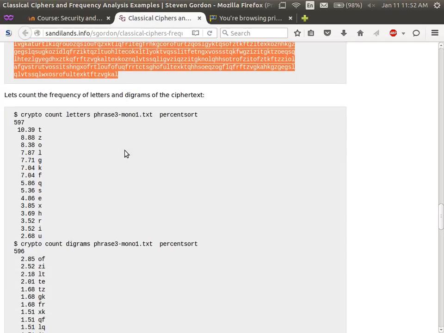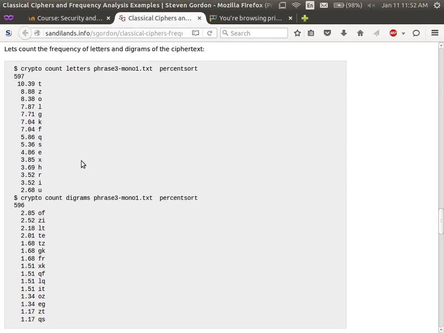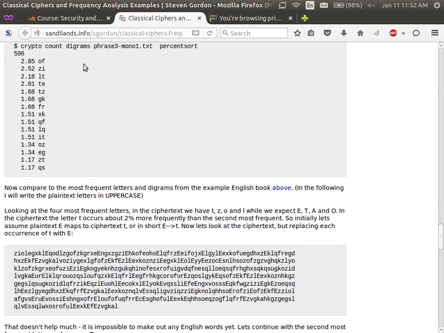If you count the frequency of letters, T is the most frequent, Z is the next most frequent in the ciphertext, and compare it to the expected frequency in the plaintext, E being the most frequent, and so on. You don't have to just look at the frequency of letters, you can look at the frequency of pairs of letters in English, called digrams.